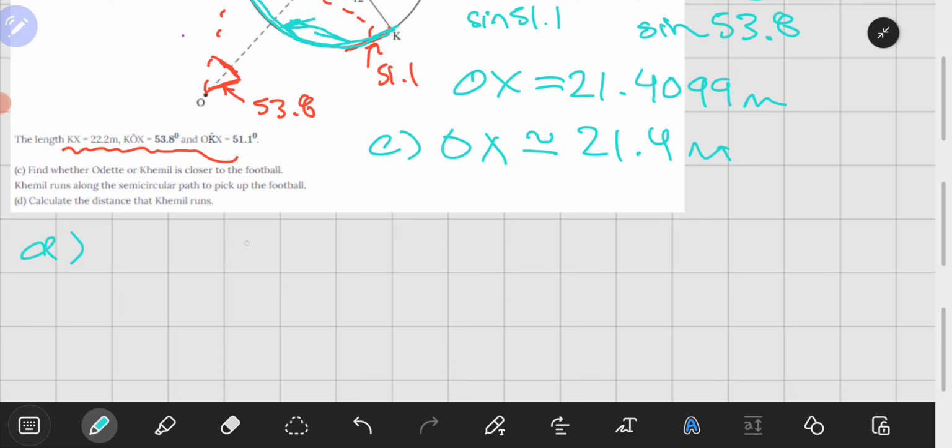The formula is that arc length, L, is equal to 2 pi r multiplied by our angle theta over 360.